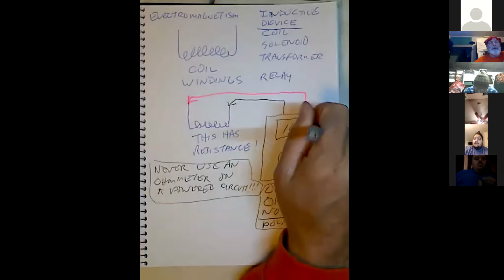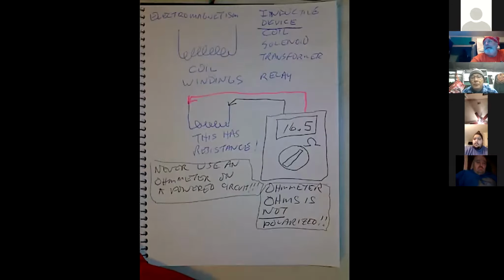Now, what I'm looking for, I don't know how many ohms it's supposed to be. It may be 40, it may be 300. But I'm looking for some kind of resistance reading. That's going to tell me that the coil's okay. Now, if the coil's okay, the valve probably works.